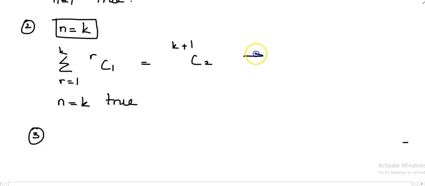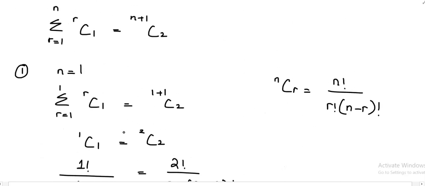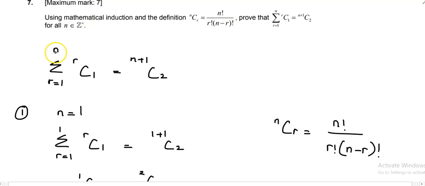By the way, I'll label that as equation 1, because I have to utilize that result in the third step, in which I will be using n equal to k plus 1. So I go back to the original equation, and wherever I have n, I replace it with k plus 1.